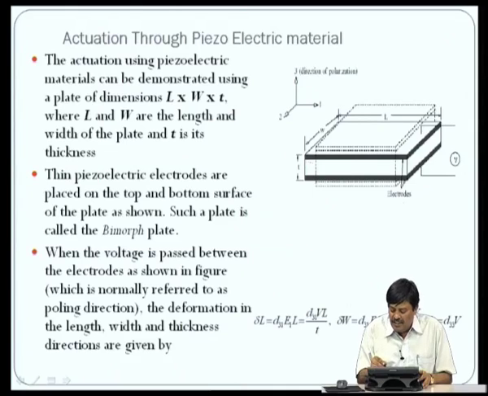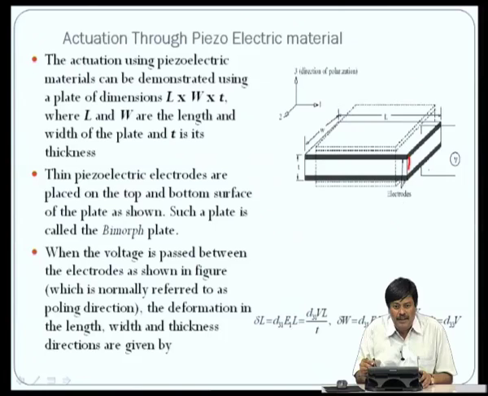Let us consider two thin piezoelectric electrodes which are bonded to the top and bottom surface, and such a structure is called the bimorph structure. Here we have taken a bimorph plate of thickness T, having length L and width W.